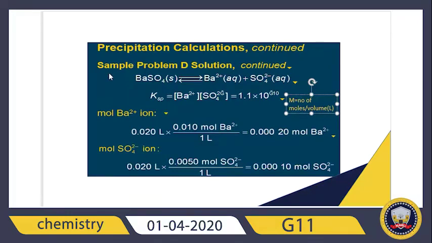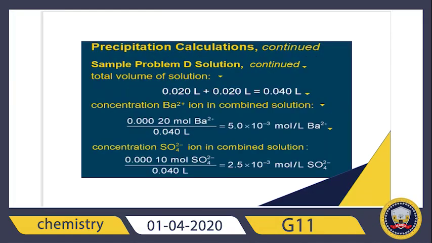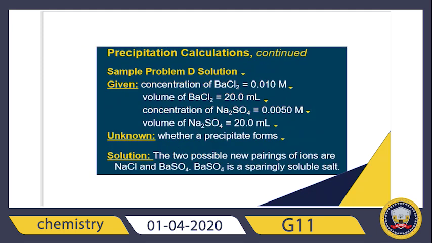What next, guys? So now, since we mix both of the solutions together, we need to find out the total volume of the solution. Okay, so for the first solution, barium chloride, it was 20 ml, and for sodium sulfate, it was 20 ml.